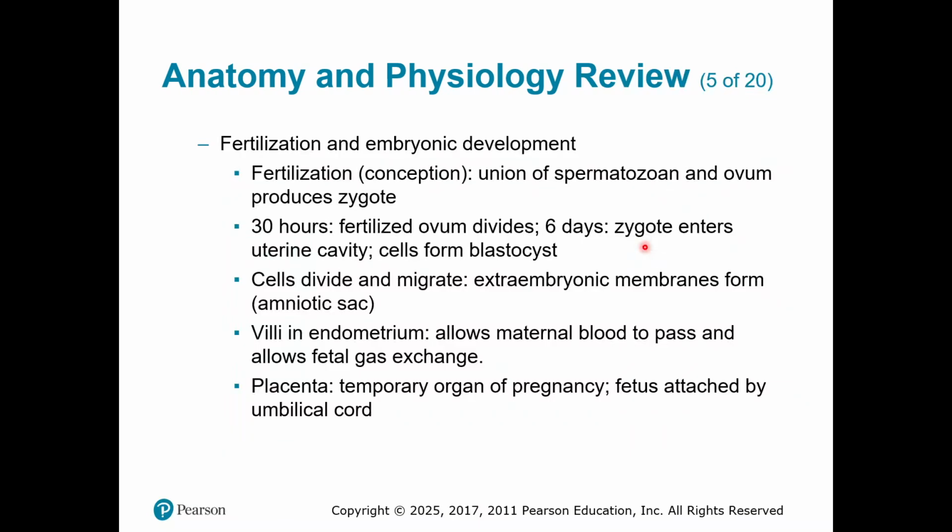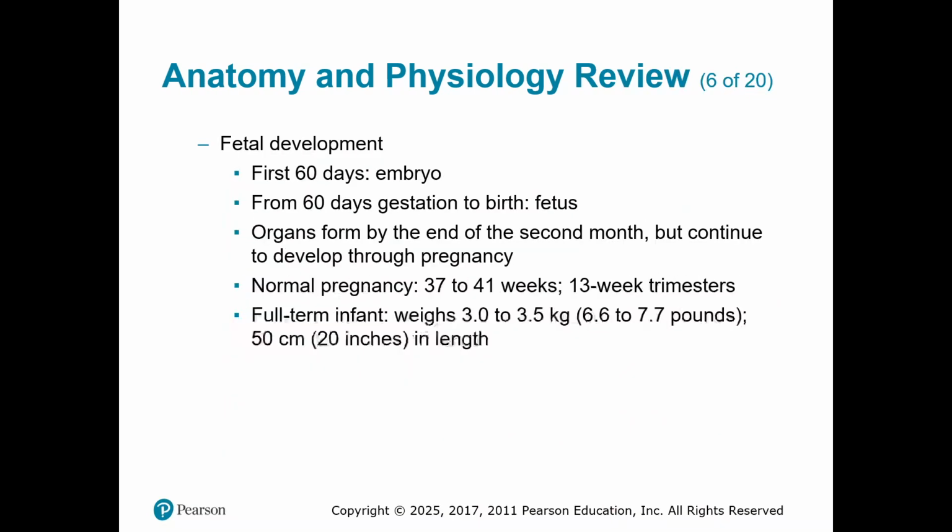The placenta is a temporary organ of the pregnancy. The fetus is attached by the umbilical cord, because obviously the placenta is delivered. That's why it's temporary. In fetal development, the first 60 days it is known as an embryo. From 60 days gestation to birth is known as a fetus.